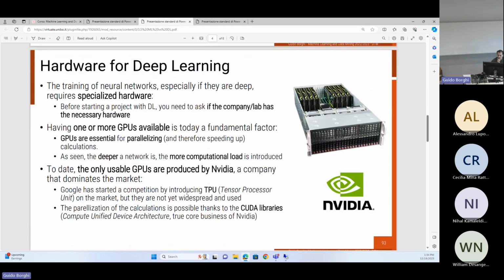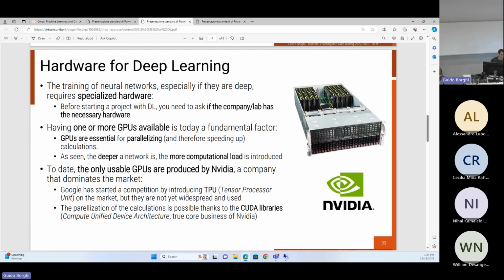Here you can see a slide that focuses on the hardware that we have to use for deep learning. As I mentioned, we need specialized hardware for deep learning. So before starting a project in your future company, for example, with deep learning, you need to ask if the company or the research laboratory has the necessary hardware. In particular, the required hardware is one or more GPUs.